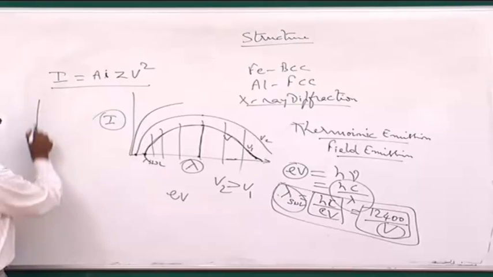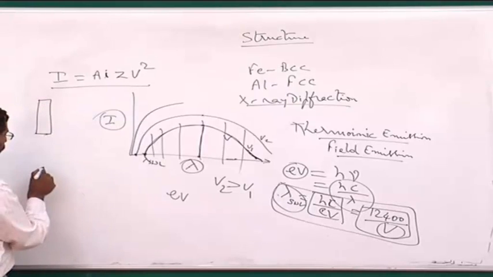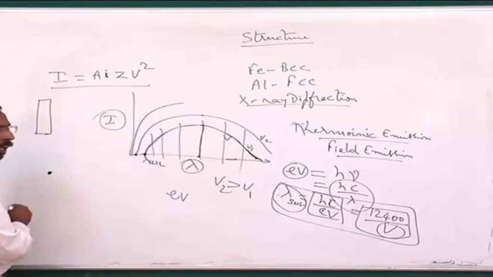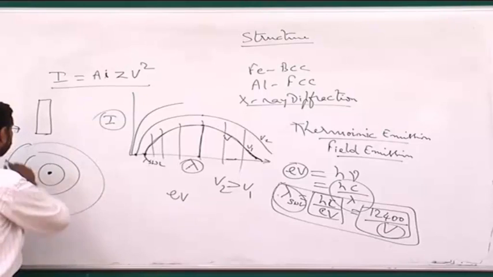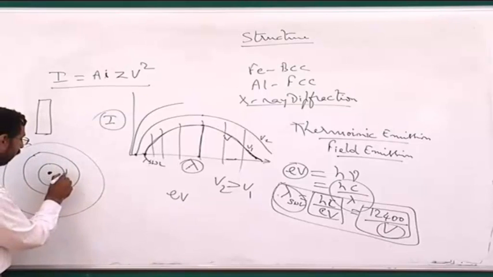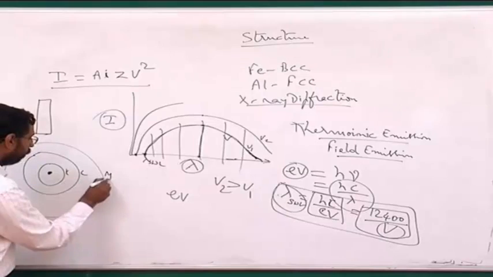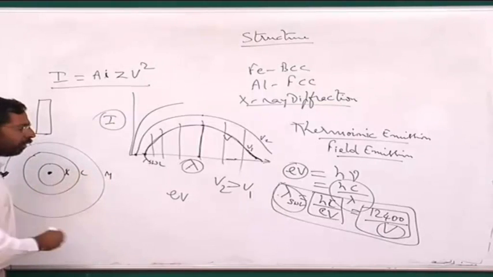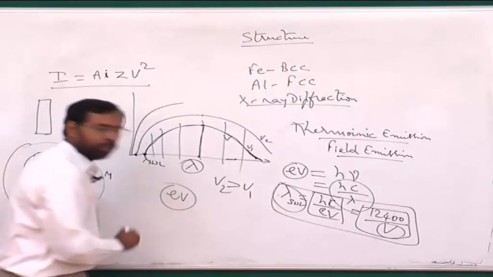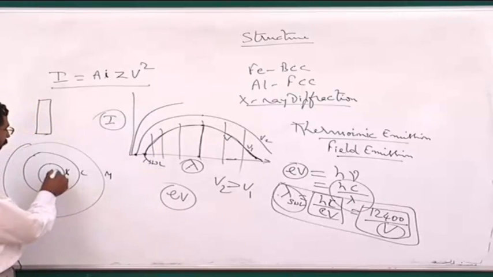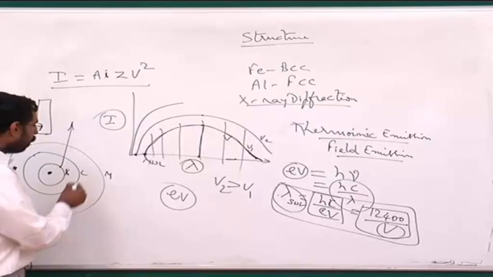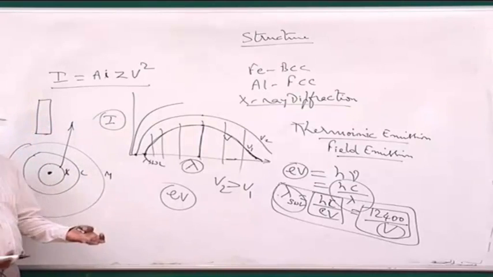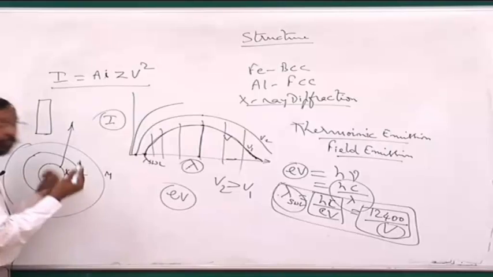For example, if I am taking a copper target, it has a certain electronic configuration. So it has a nucleus in it, and it has certain electrons in certain orbits. We call these the K shell, L shell, and M shell, right? So if the energy of these electrons is sufficient enough to knock off an electron from here, which is nothing but the work function we call it.